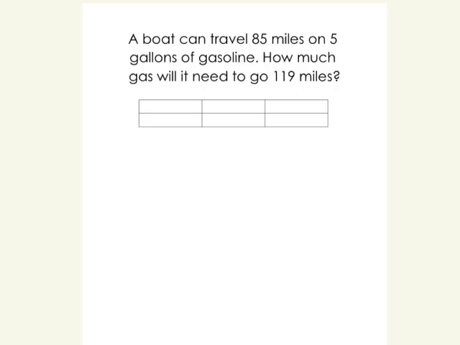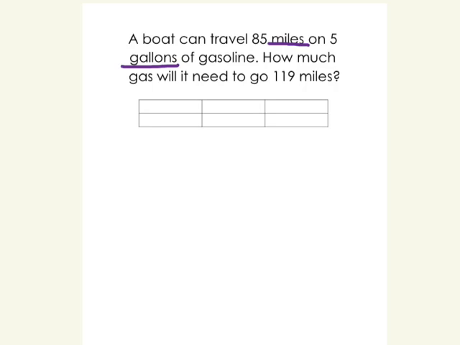So first I need to figure out my units for my proportion box. And the units are the words that label the numbers. If I look at my first two numbers, and this isn't always the case, but you can look at your first sentence to see what the units are. A boat can travel 85 miles on 5 gallons of gas.